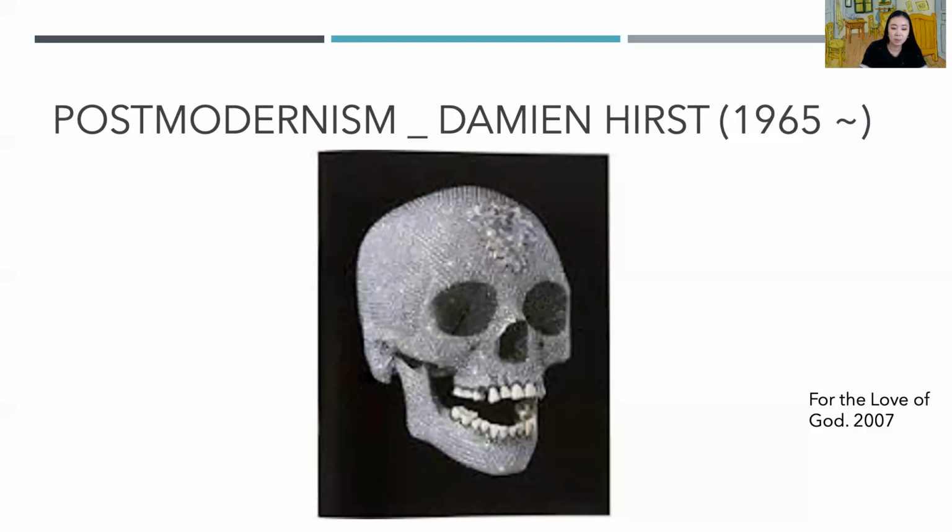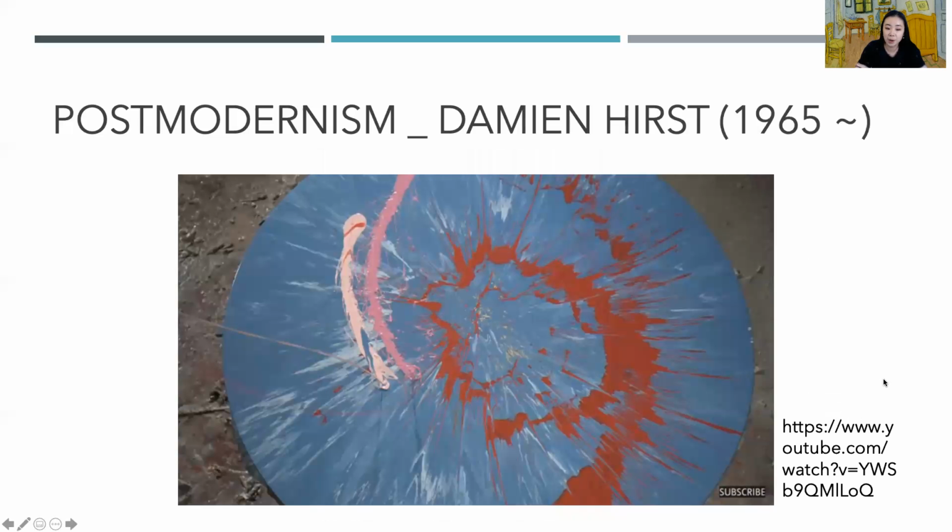It consists of a platinum cast of an 18th century human skull encrusted with 8,601 flawless diamonds, including a pear-shaped pink diamond located in the front forehead that is known as the Skull Star diamond. So there is a video about Damien Hirst in the Moodle room. Please watch the video to see his diverse work of art.